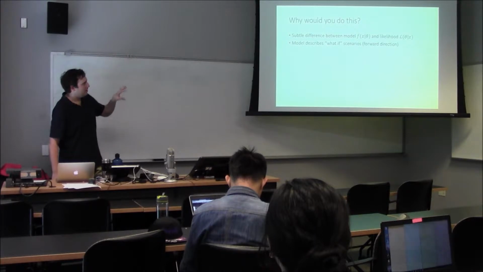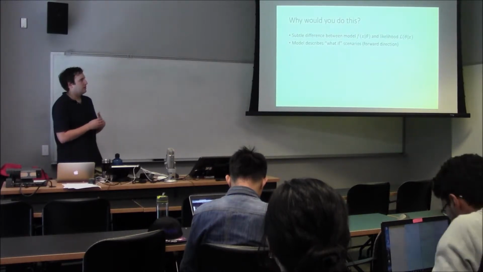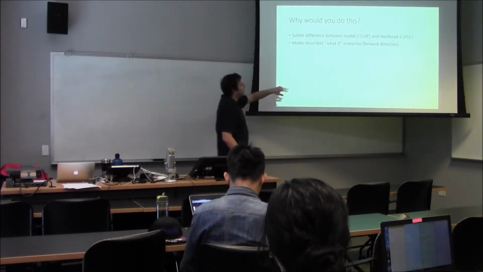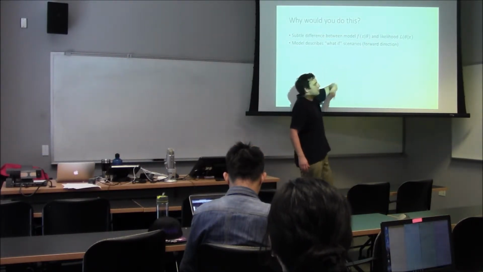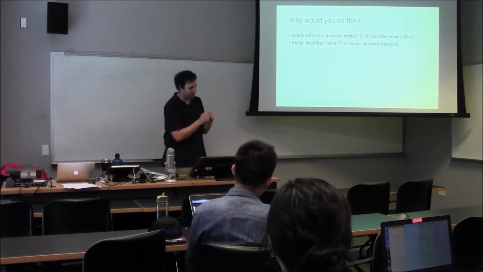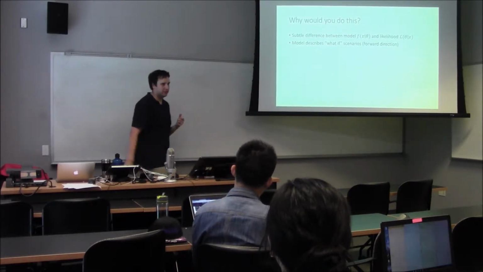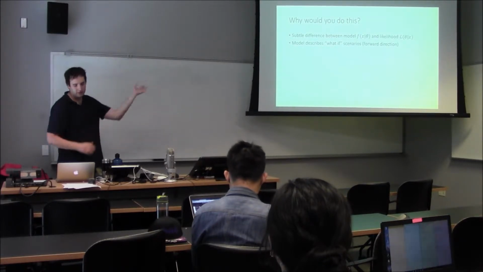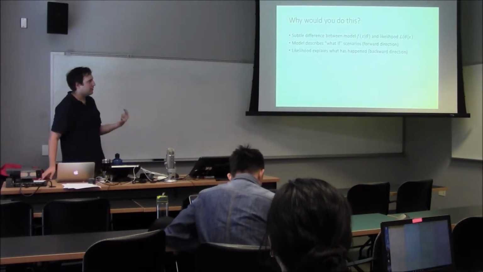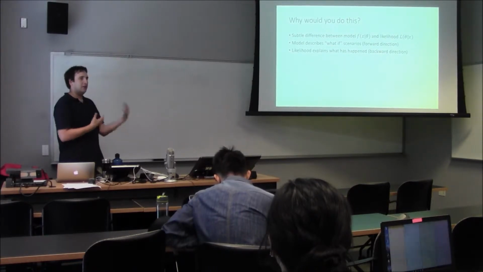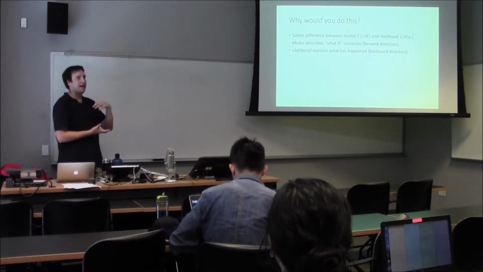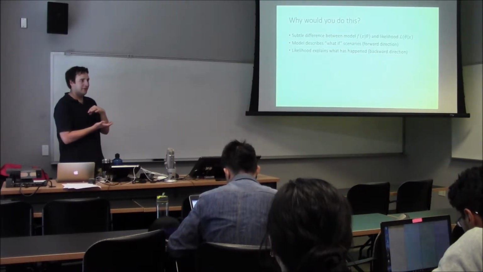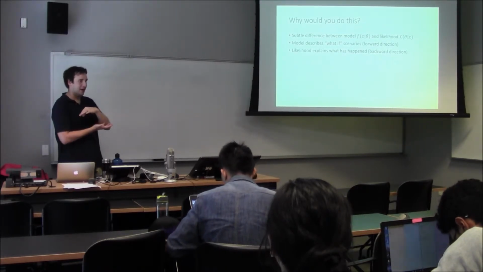Your model describes what-if scenarios. It says that if I have a particular theta, I can figure out the probability of getting a particular set of data. So it's very forward oriented, making predictions in a way. The likelihood, on the other hand, is explaining what has happened, so it's more of a backwards direction. It's very easy to go forward, but more difficult to go backwards.